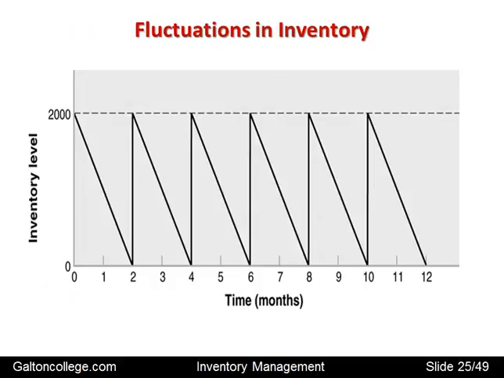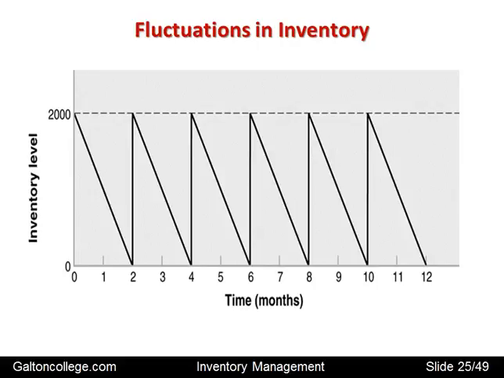Now let's look at fluctuations in inventory. Often when we look at inventory material in books and in journals, we encounter this type of diagram. It's known as the sawtooth diagram because it looks like the blade on a wood saw, and the teeth tend to have that shape at the bottom.